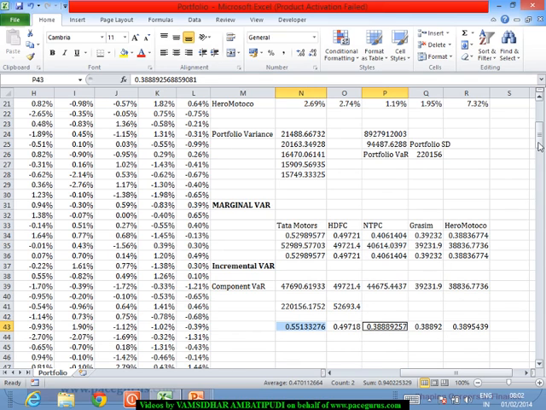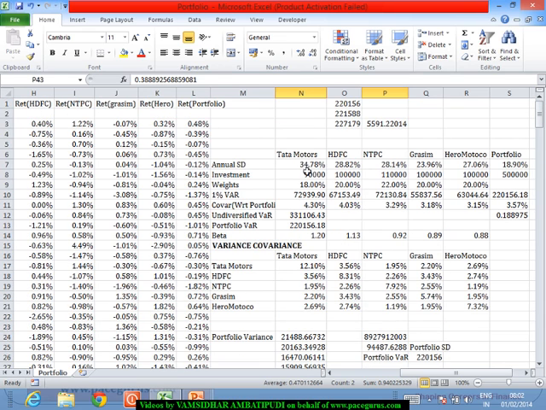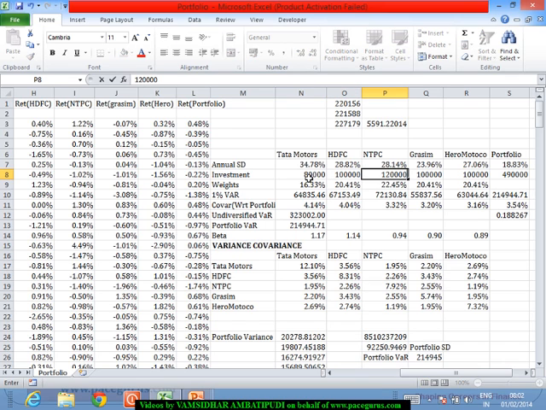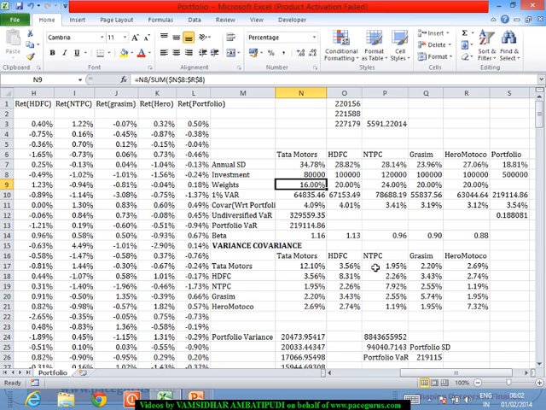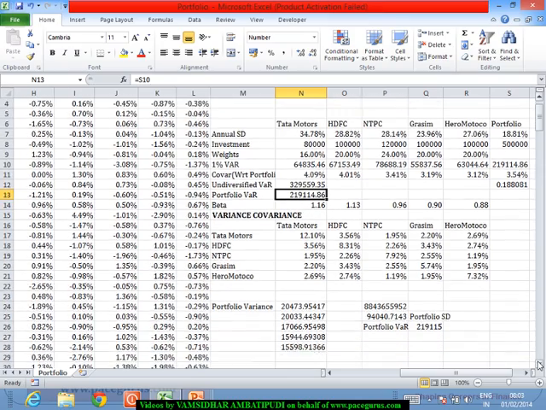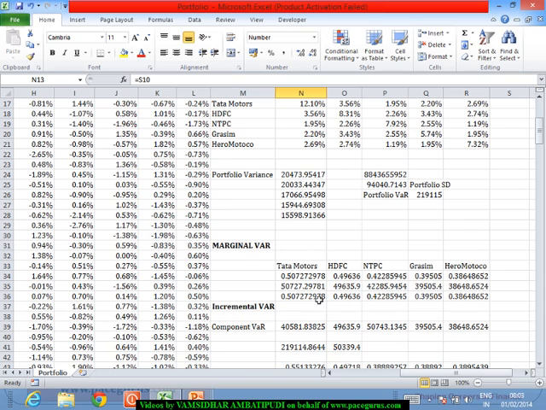Now let's do something more. Make it 80,000 here, but make it 120,000 here. The overall VAR has now still come down to 219. The portfolio VAR has come down to 219,000. And at the same time, you could see this has come to 0.5, this has come to 0.42. Now again, probably here I will try to increase another 10,000.